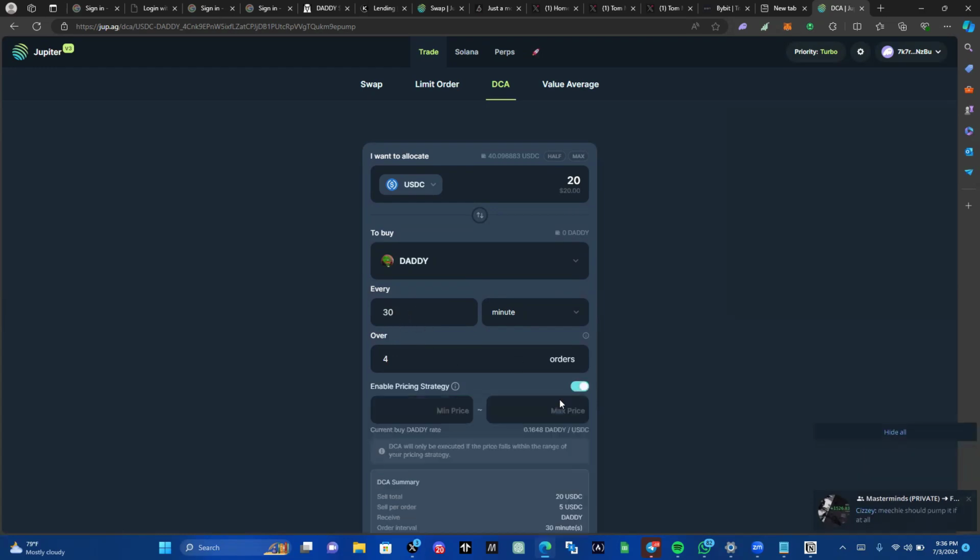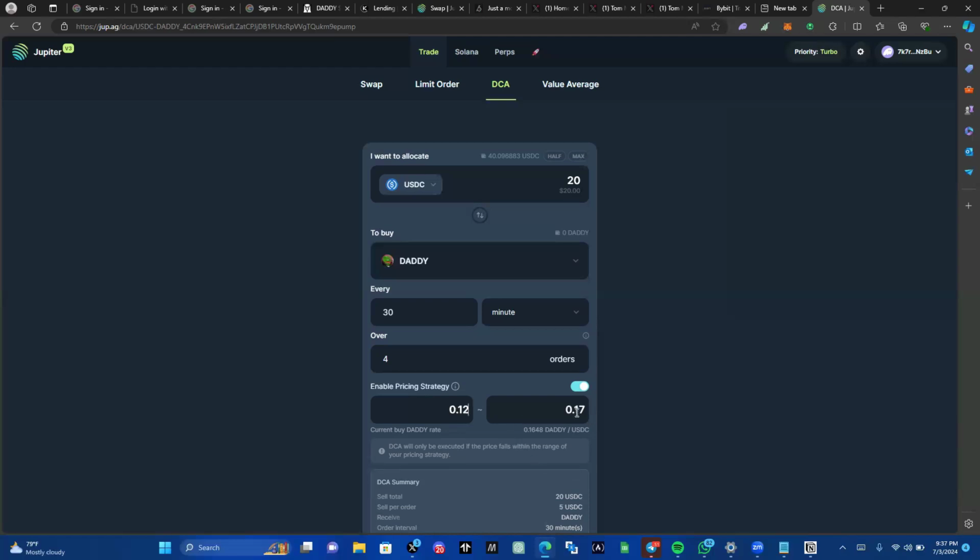The only time I put a price is this: I don't want it to buy when it's over 0.17, and I don't want it to buy if it dumps to 0.12. You understand?